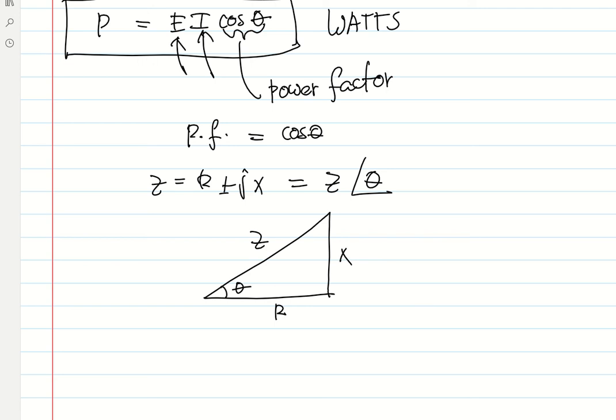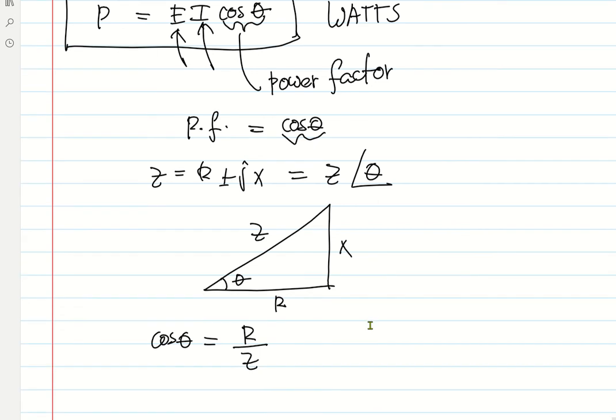If you want to determine cosine of theta, using trig functions, cosine is adjacent over hypotenuse. The adjacent side is R, and the hypotenuse is Z.